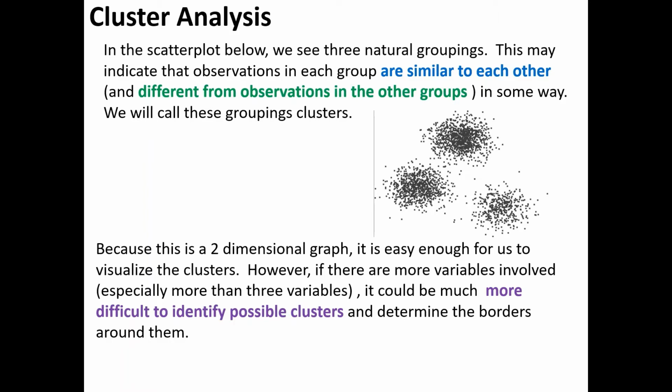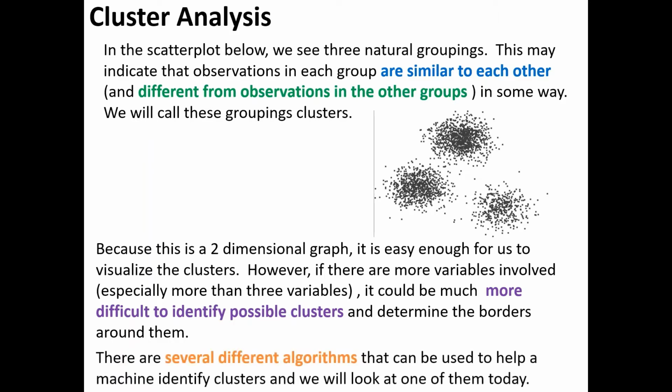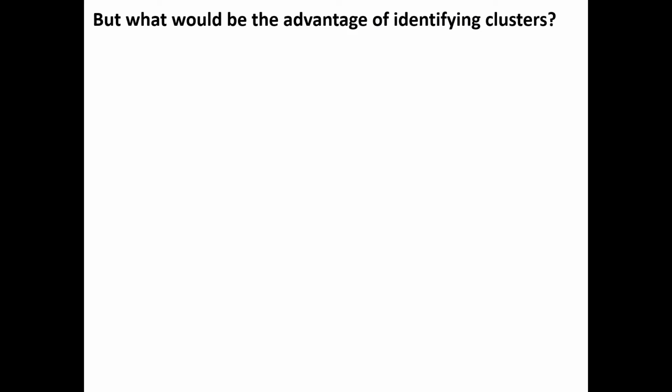So this would be a time where we would want to use machine learning to help us find the different clusters. There's several different algorithms that can be used, and we're going to look at one of them today. But first, let's think about what would be the advantage of being able to identify clusters.